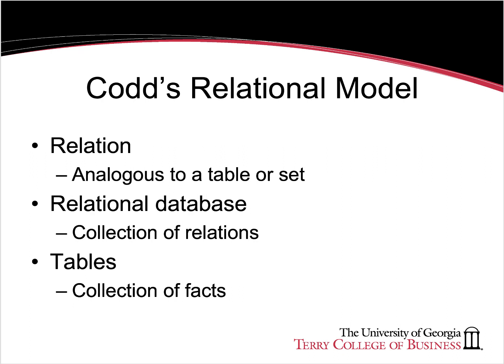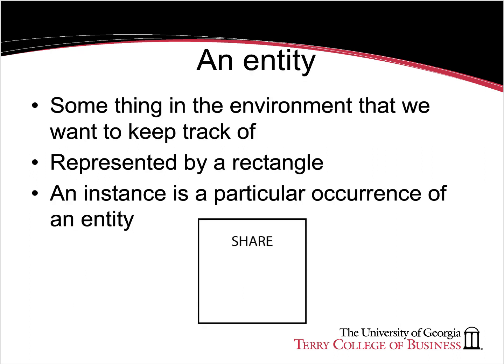In Codd's relational model, Codd has a few key terms that he uses to describe different elements of the model. The first term he introduces is that of an entity. An entity is something in the environment that we want to keep track of.